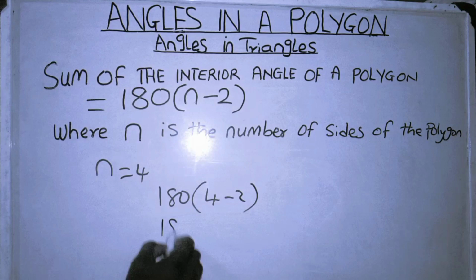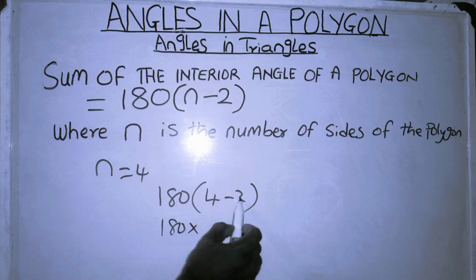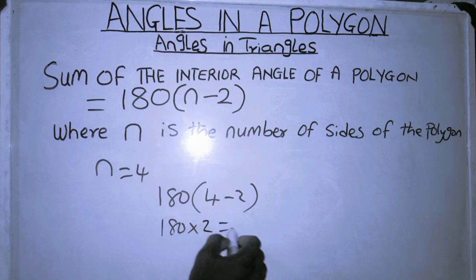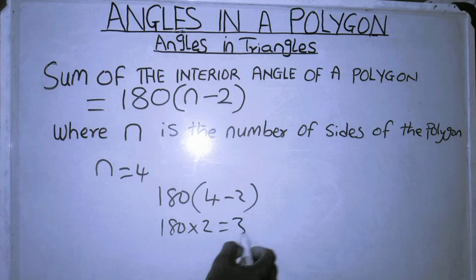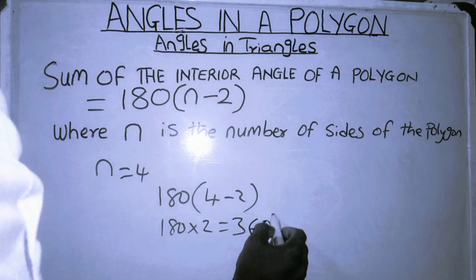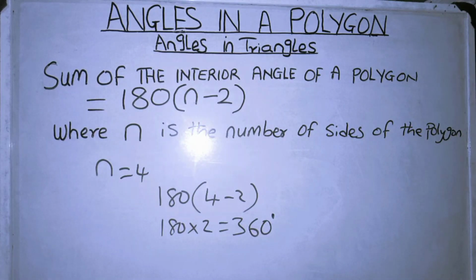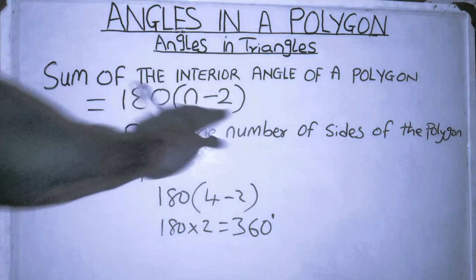That will give me 180 multiplied by 4 minus 2, which is 2. Then 180 times 2 will give us 360 degrees. That is how you achieve the sum of interior angles of any polygon, be it polygon with 20 sides, be it polygon with 90 sides, and so on. So this is the general formula for achieving that.